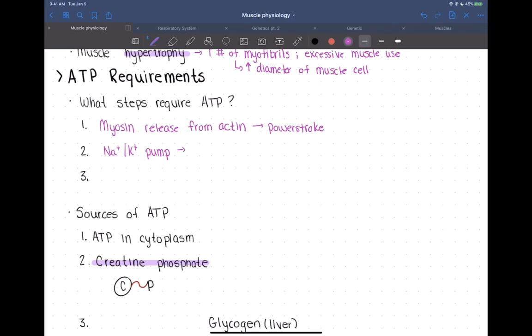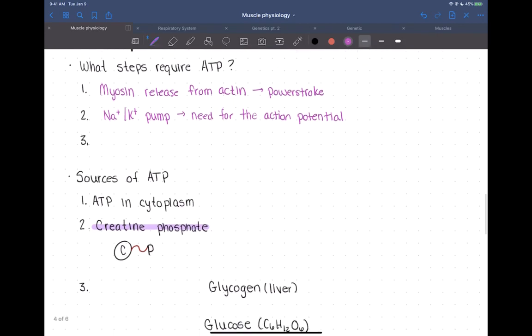So this is needed for action potentials. That thing is constantly running, and muscle cells have a lot of them because they need to be able to have that action potential travel all the way down the muscle cell. So that's our second requirement, a step that requires ATP.